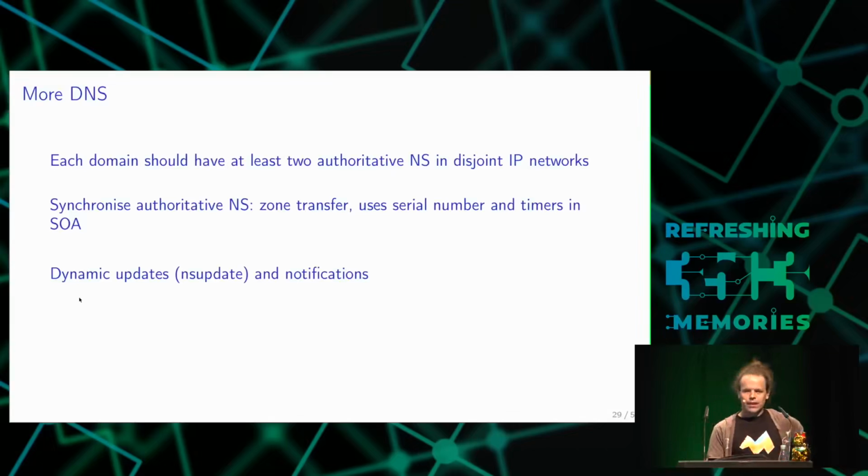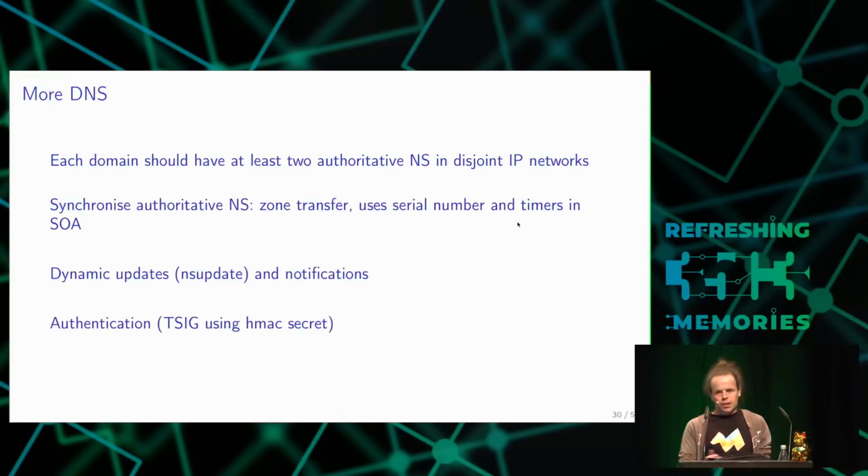Since now we have DNS updates and only these timers for the secondary, for the synchronization, there's also a notification mechanism specified. So the primary server, where you do the dynamic updates, then notifies the secondary name servers to say, oh, by the way, the serial number of my start of authority has increased. Please update yourself.